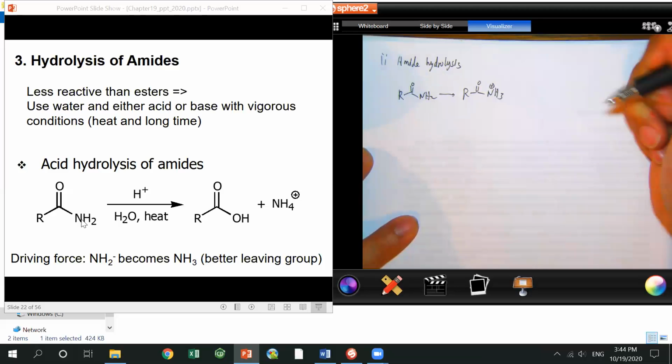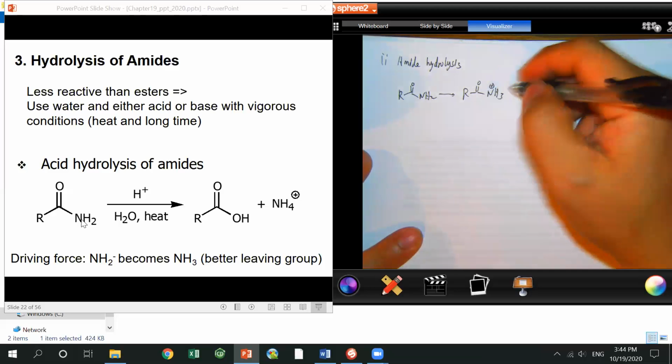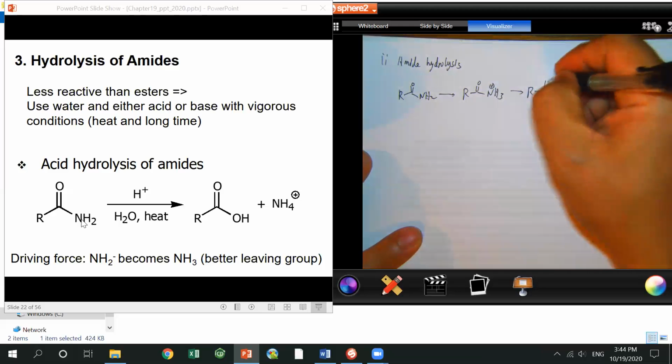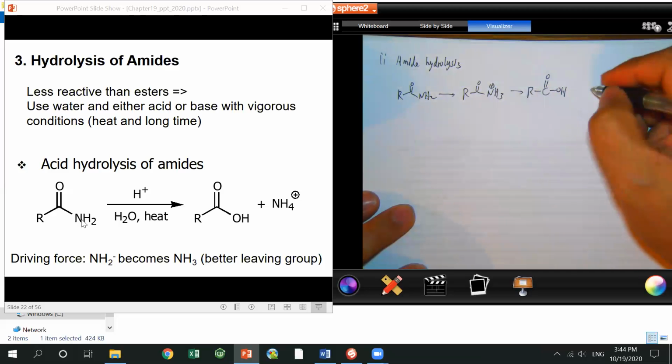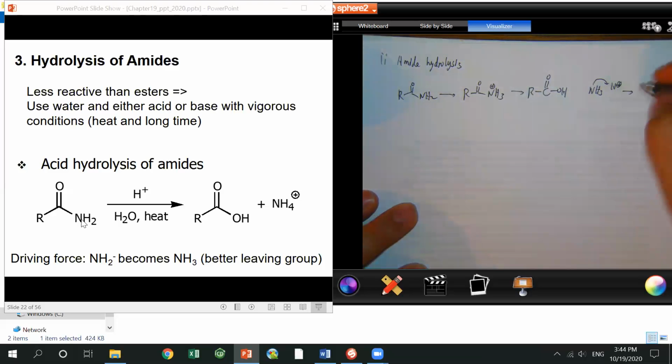That's actually the better leaving group. Then water comes in and replaces the ammonium. Once the ammonia gets into the solution, it quickly picks up another proton and becomes ammonium.